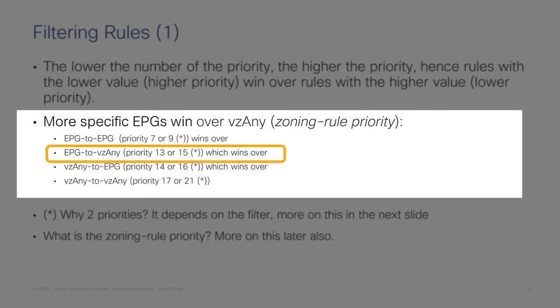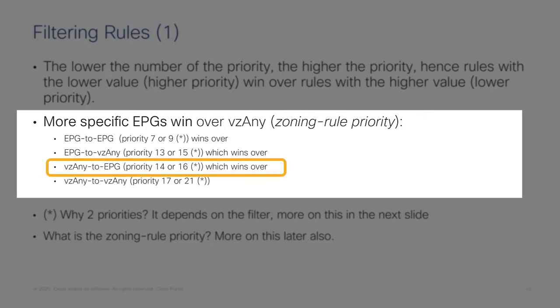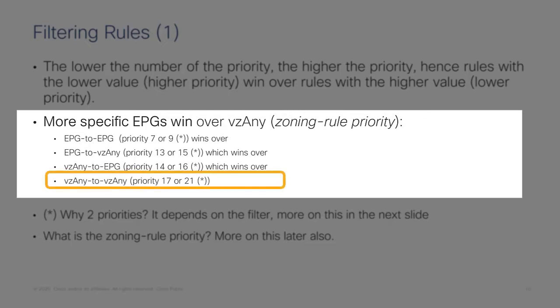EPG to vzAny is normally priority 13, and notice that EPG to vzAny has a higher priority than the vzAny to EPG rule. So a rule with a fully specified source EPG has priority over a rule with a fully specified destination EPG. And finally, vzAny to vzAny has priority 17, which is higher than the implicit deny that has priority 21.